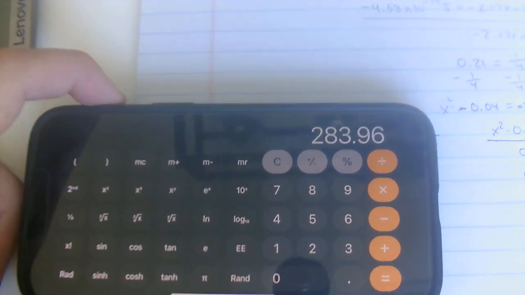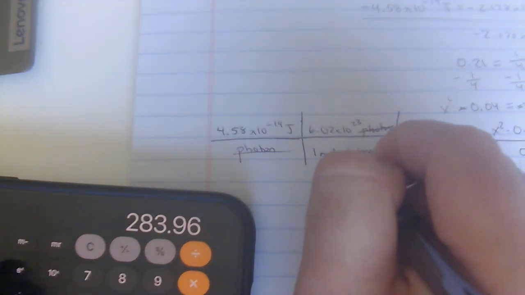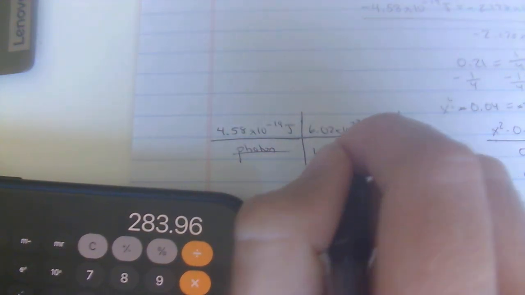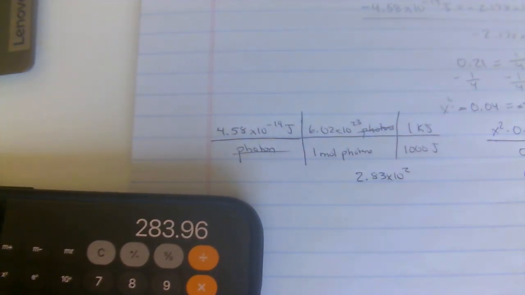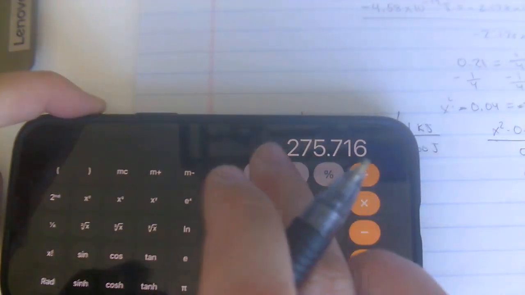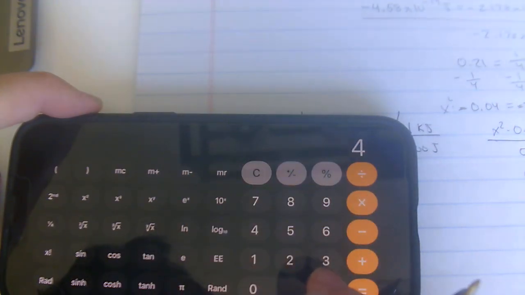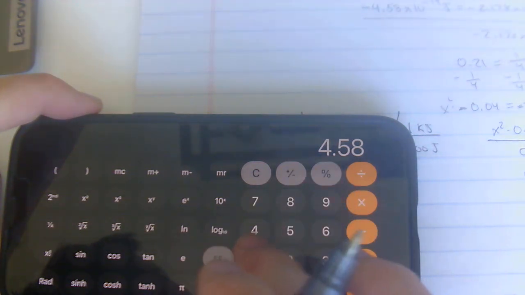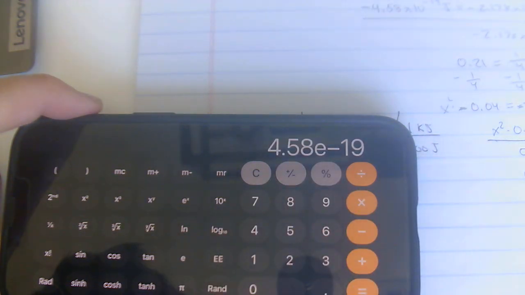So you should get 2.83 times 10 to the 2. I'm going to make sure that this is actually right. So whenever you did the math, you got 4.58 EE negative 19.